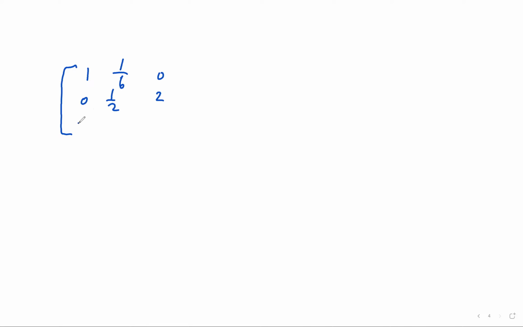When we do that, that will become 0. So 1.5 times 2 is 3, plus -3 is 0. And then 2 times 2 is 4, plus -4 is 0. Now we can see that the entire row is 0.